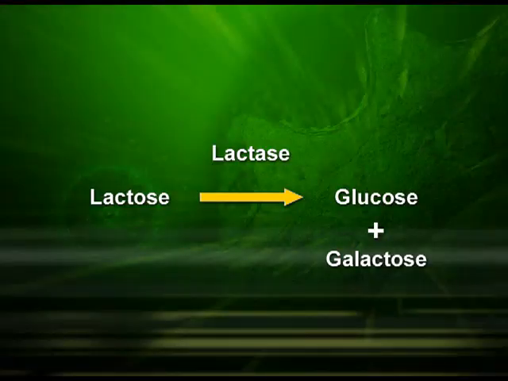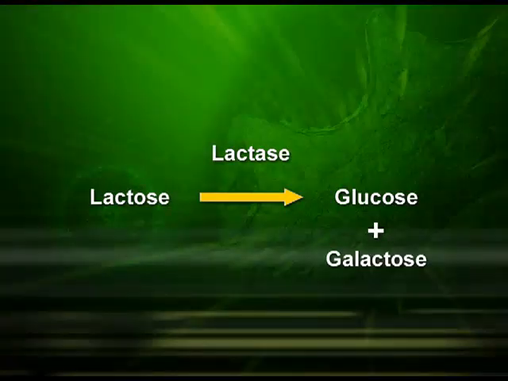Children, you know that lactose is present in milk and milk products, and you have a milk digestive enzyme in the stomach, and it is digested to lactose, but again we cannot absorb lactose. So lactose is to be converted into the further simpler forms glucose and galactose, and for that you need the enzyme lactase, and this is present in succus entericus.